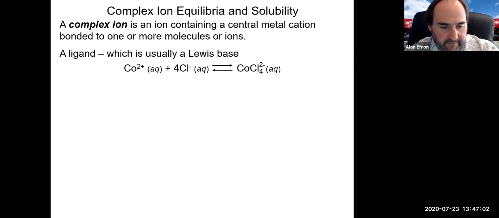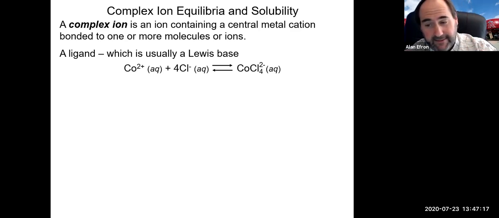So obviously, it wouldn't be this class without it being an equilibrium. So one more equilibrium to add to our total of equilibrium expressions. This is going to be Kf, the equilibrium constant for complex ion formation.